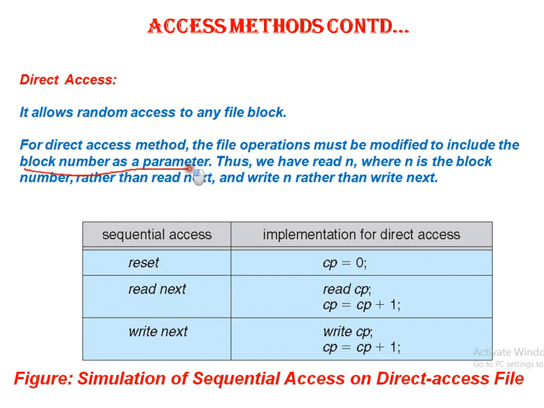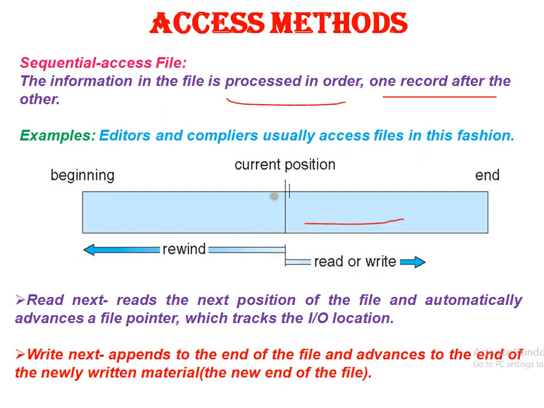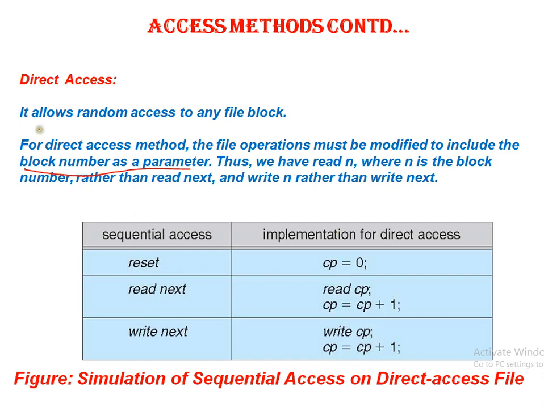Thus we have read n, where n is the block number, rather than read next and write next. In sequential access, we made use of read next and write next as the pointers to access the file, whereas here we make use of the block number n.